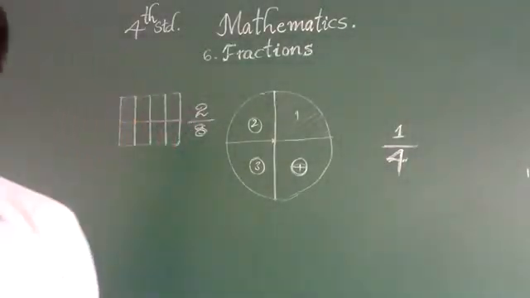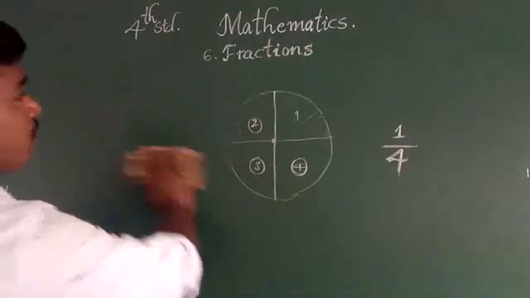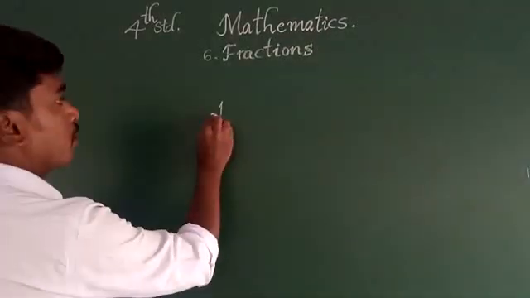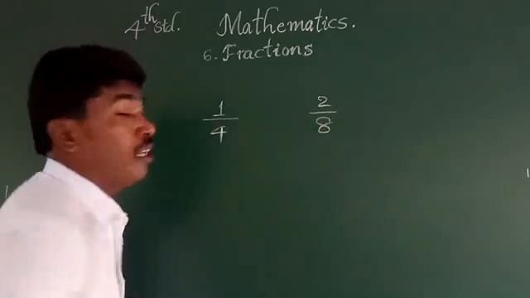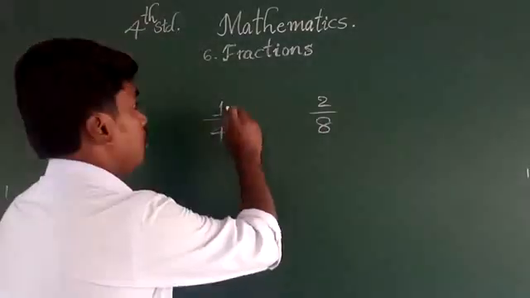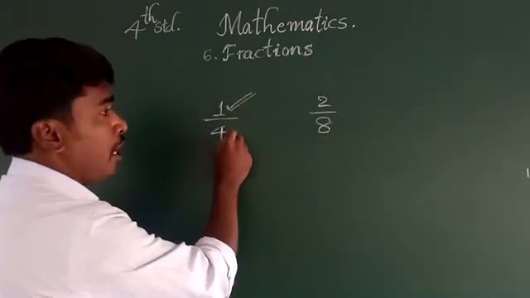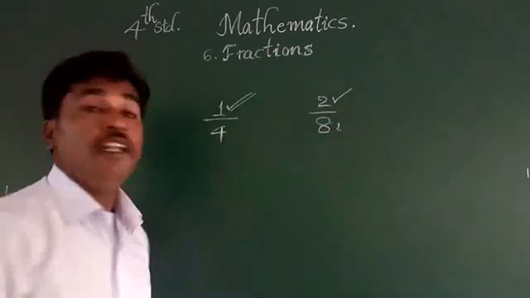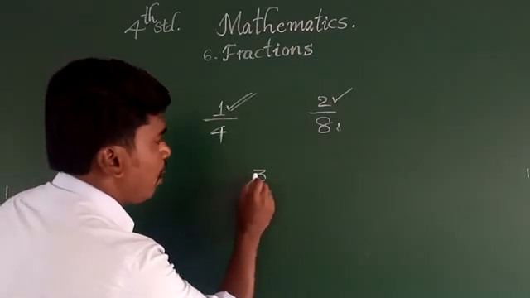So here, 1/4 and 2/8. You have written 2 numbers. One is above the line and the second number is below the line. Then what are these numbers called? Suppose you are writing 3/4.